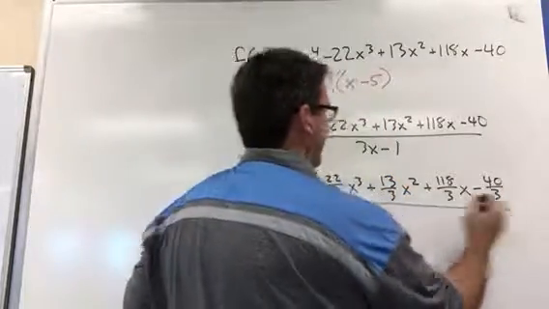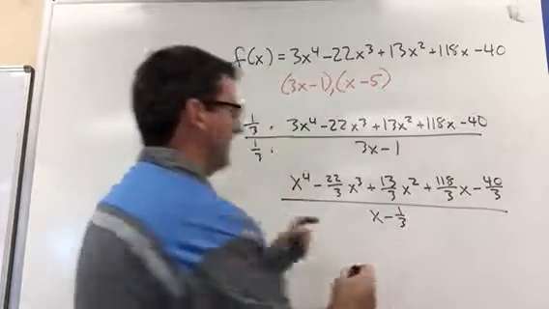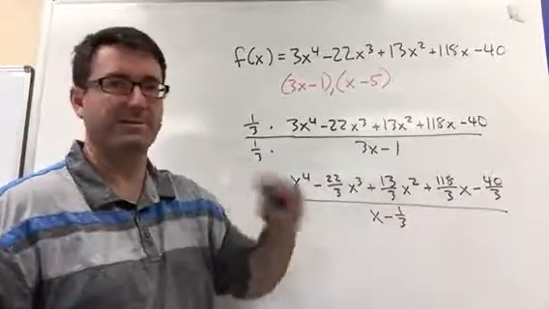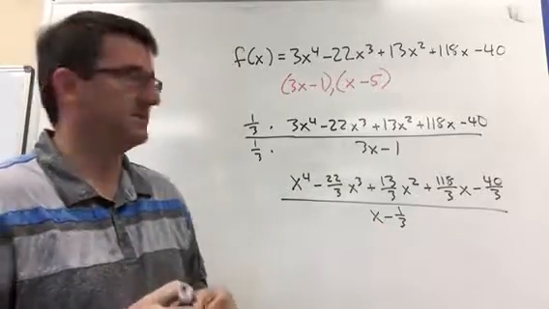And then what that gives us on the bottom is x minus 1/3. We've got to multiply that 1/3 across there as well. So now this is something we can do with synthetic division.